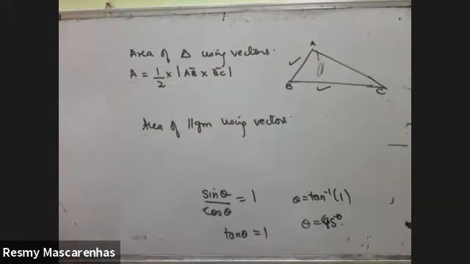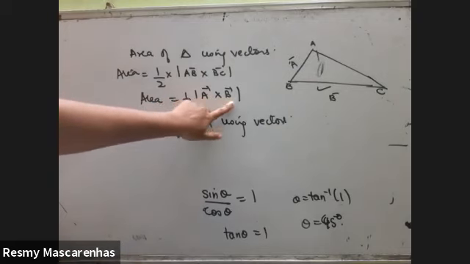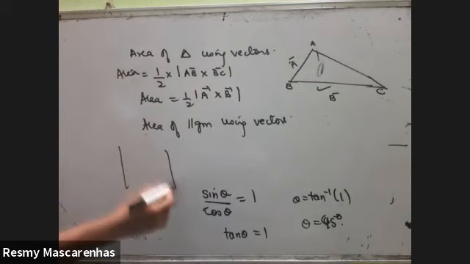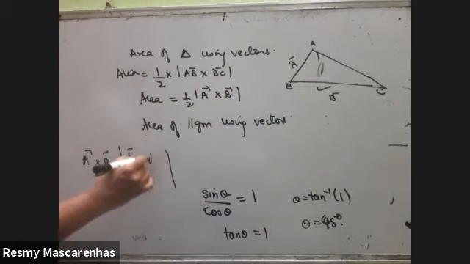And I told you how to find this just now. A bar cross B bar means A vector will be given to you, B also a vector will be given to you. So you put it in the determinant form and find A bar cross B bar. If you see your notebook, you will understand now.